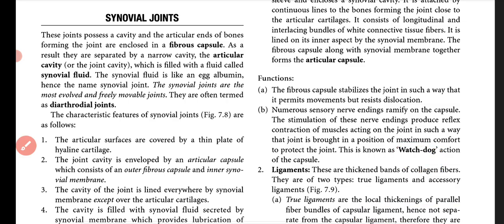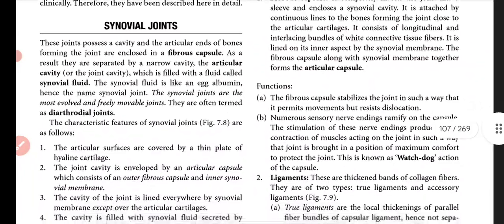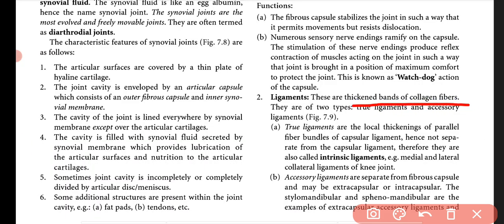Number two is the ligament. This is a thickened band of collagen fibers. There are two types: true ligament and accessory ligament. The true ligaments are local thickenings of parallel fiber bundles of the capsule, not separated from the capsule, such as intrinsic ligaments; the medial and lateral collateral ligaments of the knee joint are examples of the true ligament.